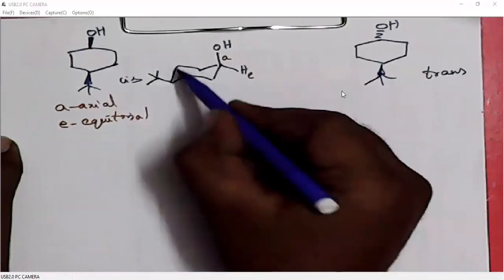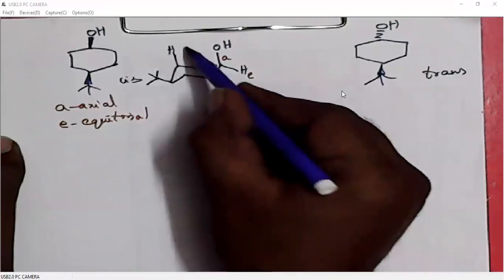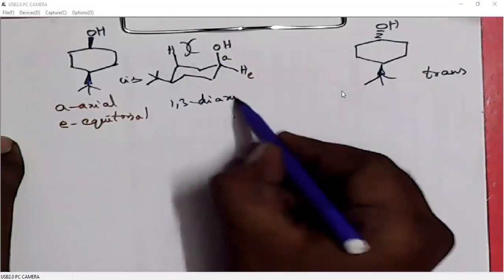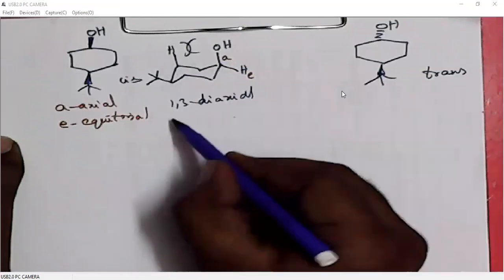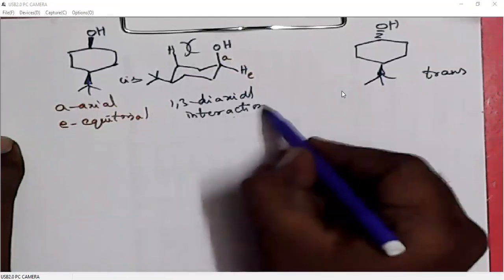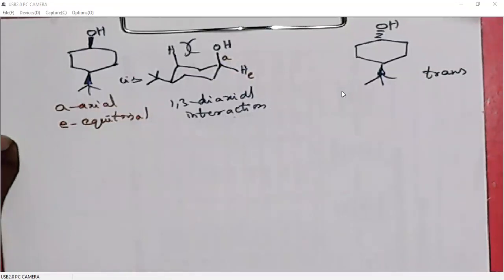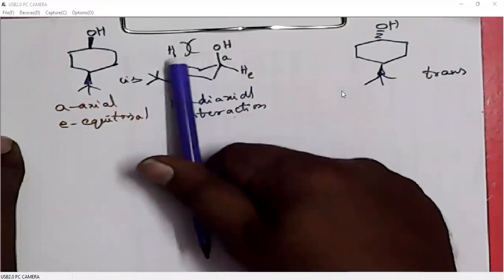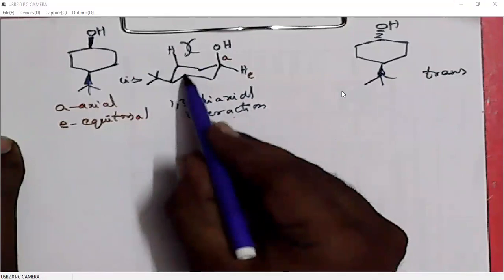When you have an axial OH, we can have 1,3-diaxial interactions. What is a 1,3-diaxial interaction? It is a steric crowding interaction. That means this OH is already feeling steric crowding with this hydrogen.